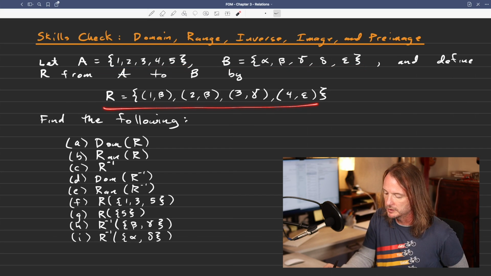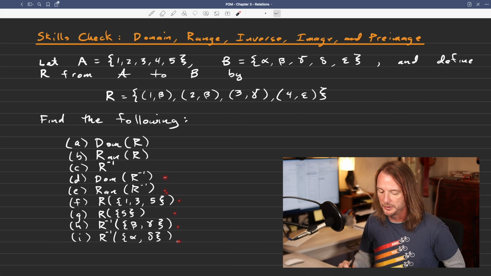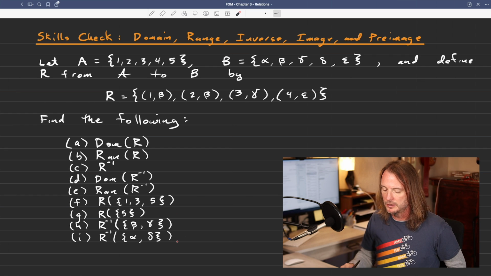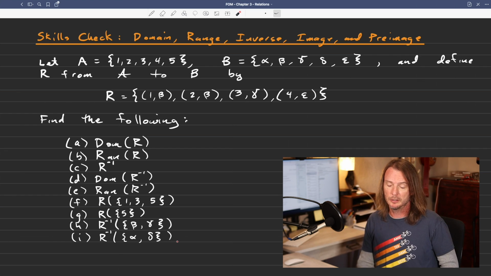And I have this specific relation from A to B. And then I'm asking you to find domain and range, inverse, some domain and range of the inverse, and then some images and preimages here on the last four. So press pause, take a few minutes, and see what you can do with this one, and then we'll work through it together when you come back.